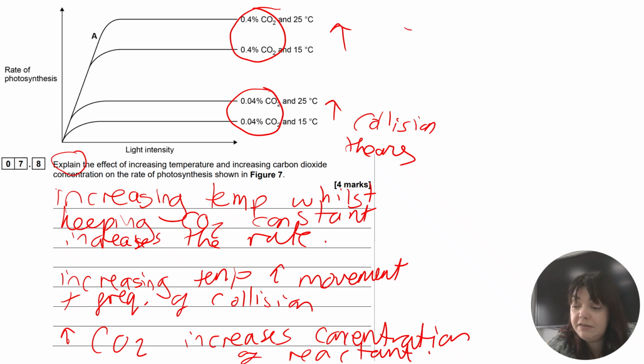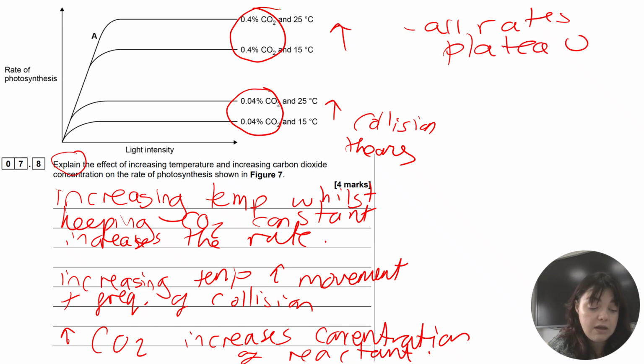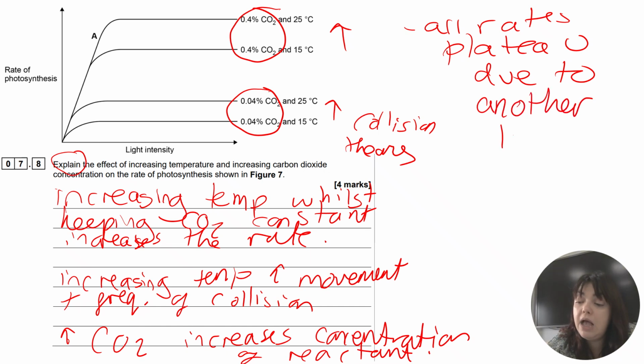And then the final thing we need to say is all rates plateau or flatten, etc., due to another limiting factor. Now, you may name this yourself. So it could be kind of water, or it could be chlorophyll. So that's where your 4 marks are.